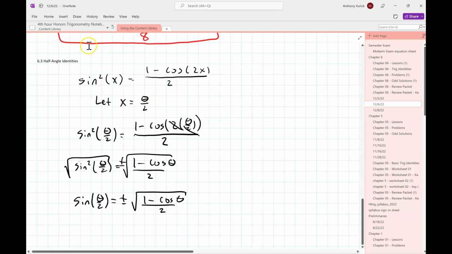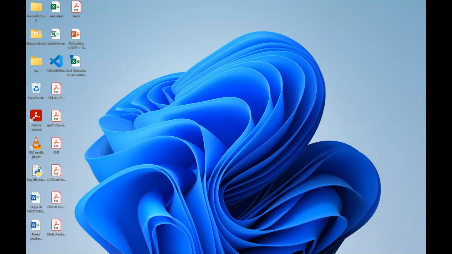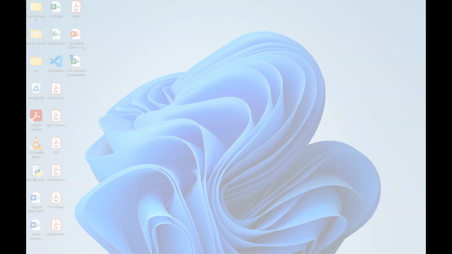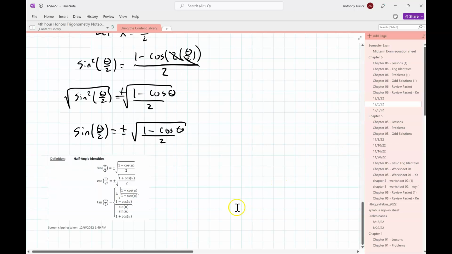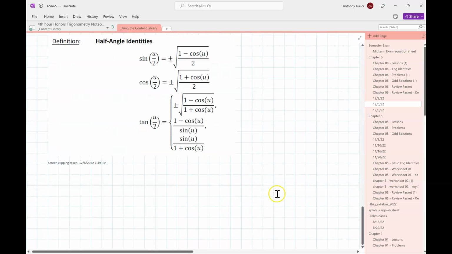I could repeat this similar process to get the half angle identities for the other guys. But rather than doing that, let's just drop them in here. Notice this last half angle identity for tangent.